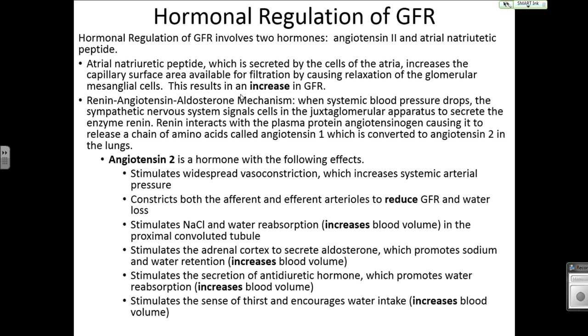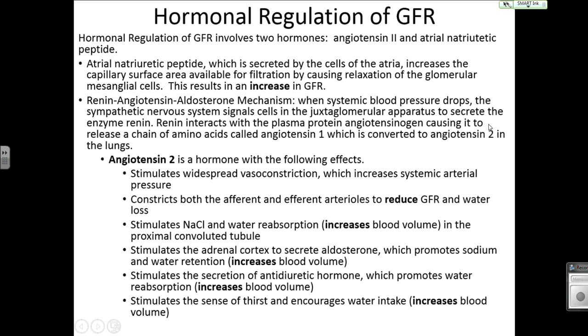It begins when blood pressure drops and our sympathetic nervous system signals cells in the juxtaglomerular apparatus to secrete the enzyme renin. The renin hormone, or enzyme, is released by the kidneys themselves. It then causes a series of events that cause us to convert angiotensin I to angiotensin II.